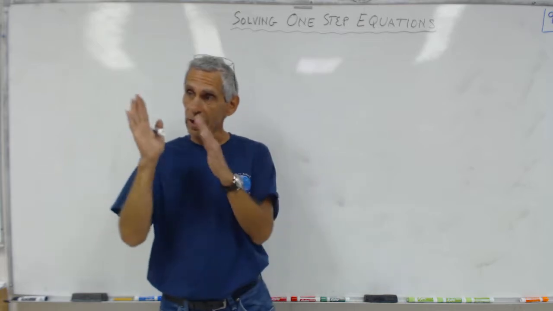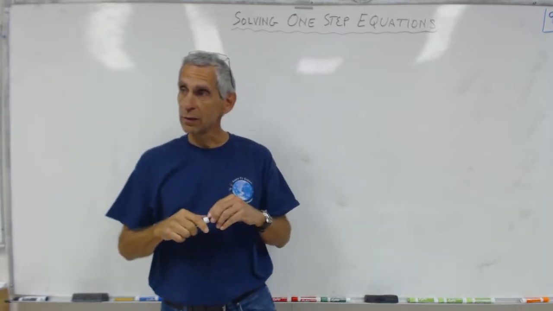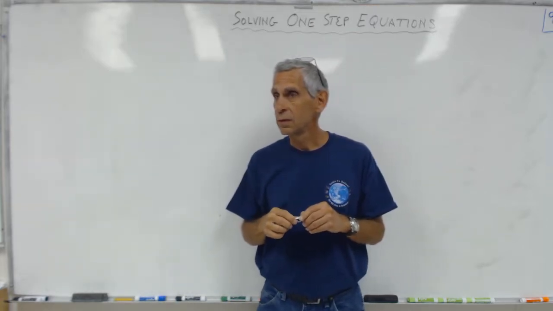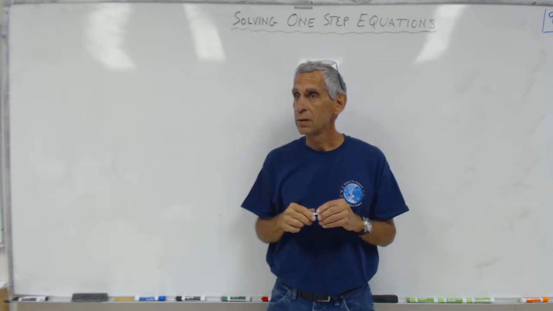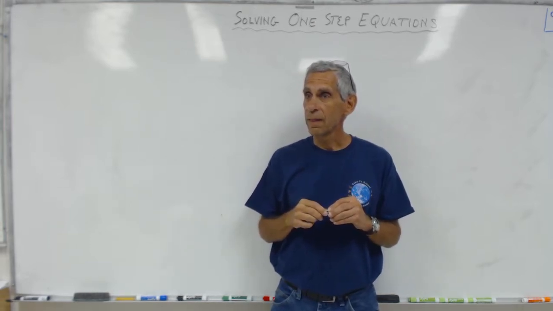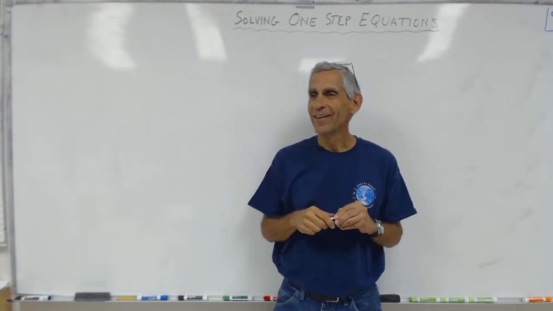After the equals, you have to have something there. A number, a sign, and a number, and then another sign, and then another number. Right, okay, good.